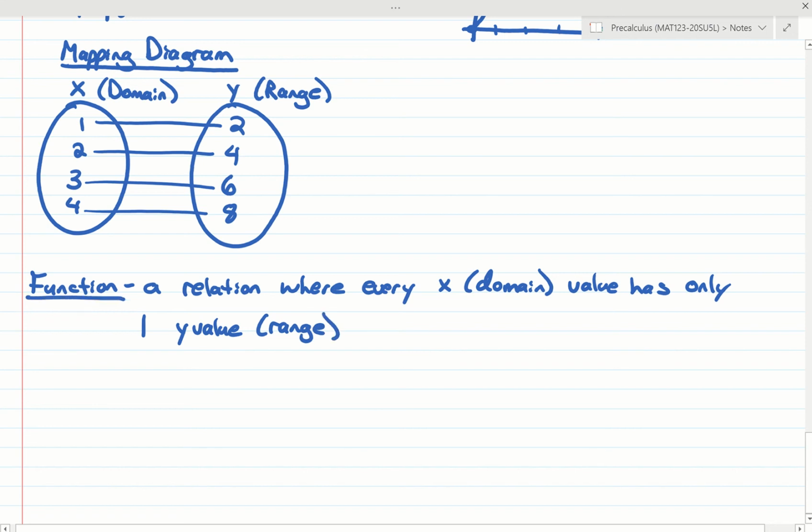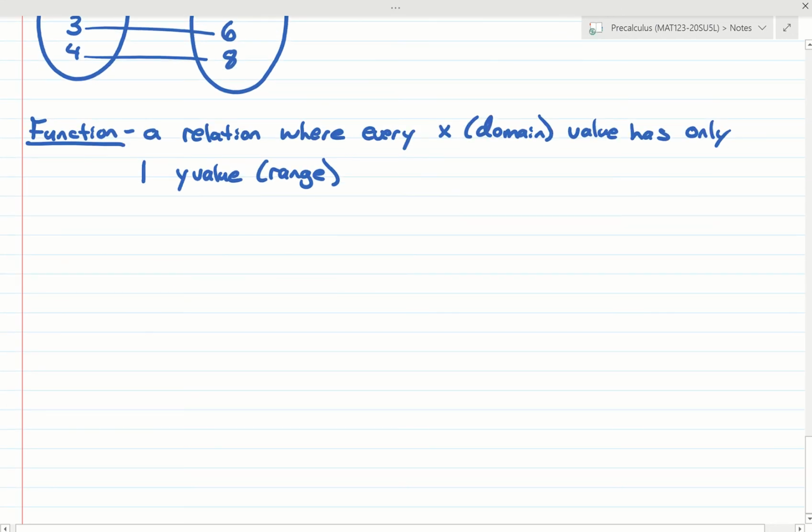That's what a function means. Let me just be consistent here. So y is the same thing as range. And then we have value over here, just like with the x's. Okay, so there's a couple different ways we could determine whether something's a function or not.